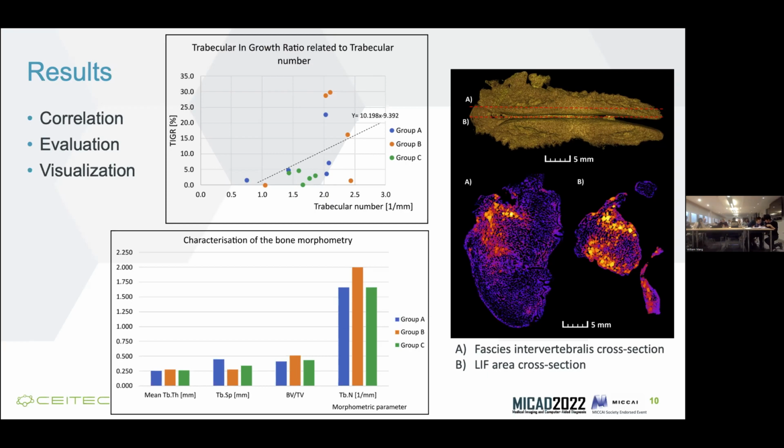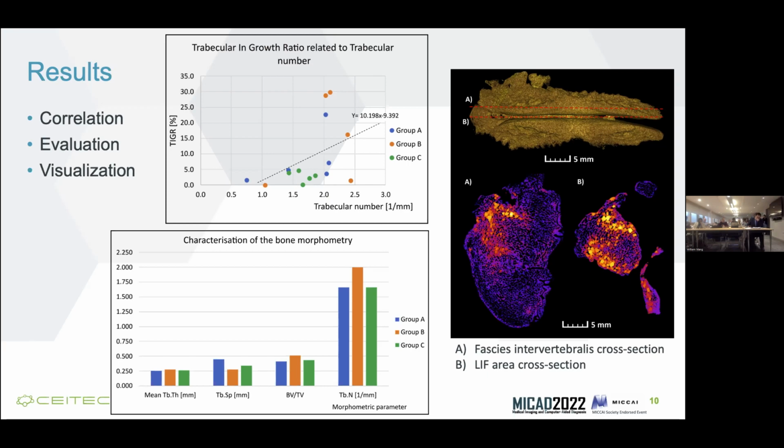Or, as an additional value, some of those morphological parameters could be evaluated to, for instance, compare the trabecular thickness between the area of fascias intervertebralis, the vertebral body, and the area of the newly developed bone.